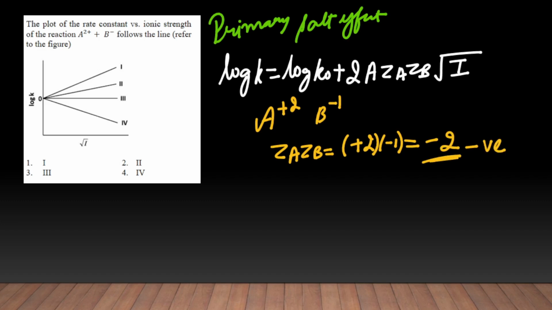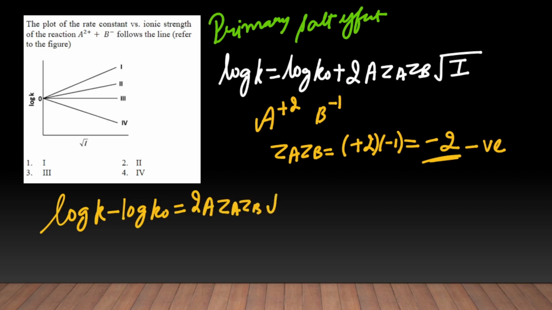If we rearrange the expression, log of k minus log of k naught equals 2A times ZA ZB into the root of ionic strength. So log of k upon k naught equals 2A times ZA ZB into the root of ionic strength.